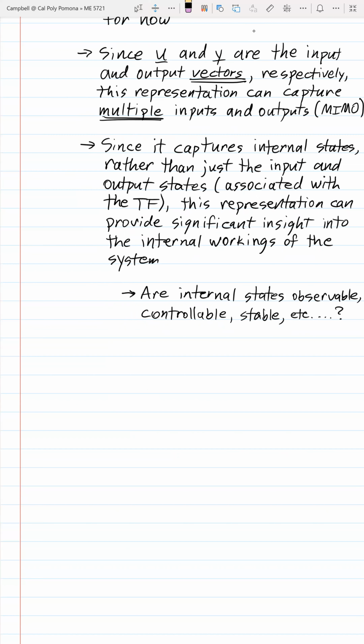Bringing in now more formally this idea that the definition of states is not unique.